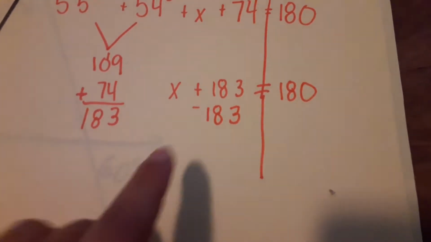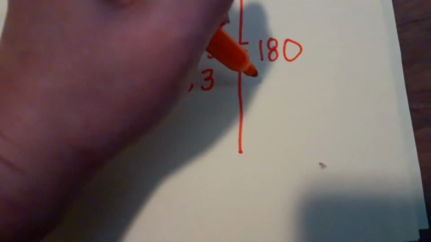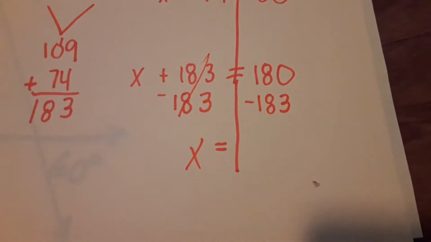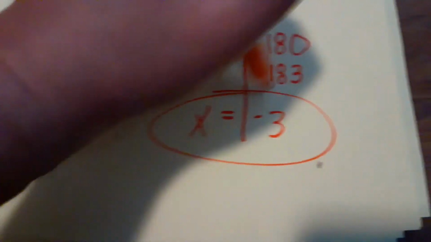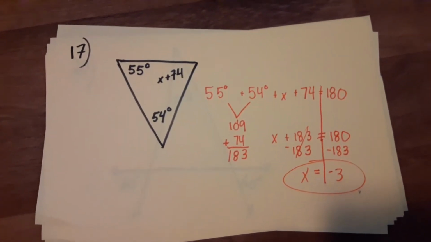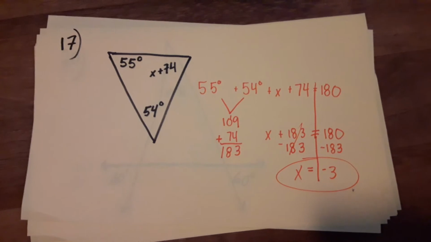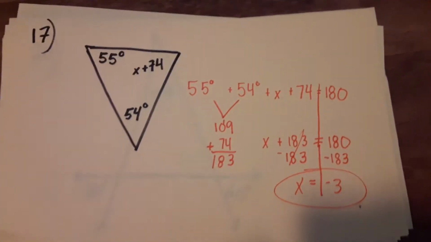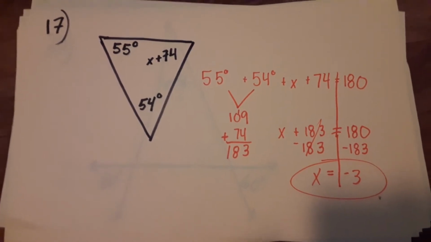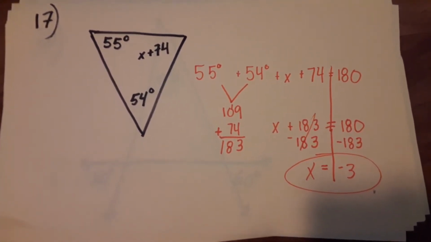But if I do it to one side of the equation, I must do it to the other side. 180 minus 183 is negative 3, and there we have a value for x. Okay, so go ahead and pause it. Copy down your notes and get ready for the next problem, which you're going to try to do along with me. Pause.